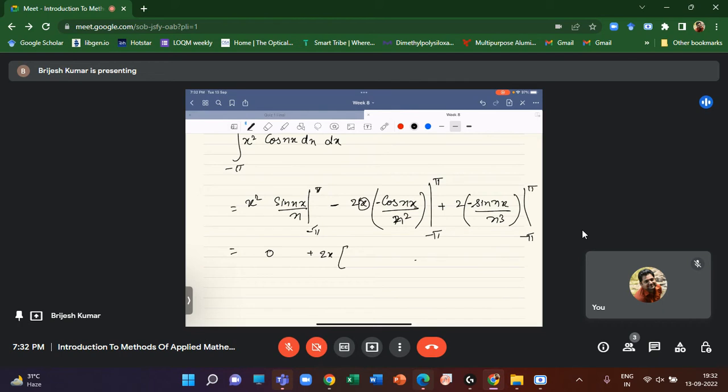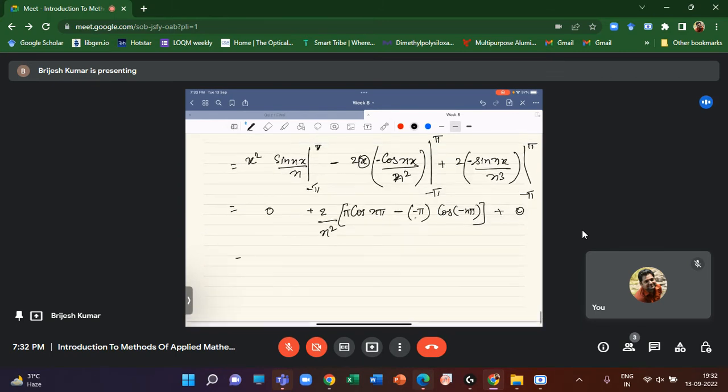So first we will put cos n pi with x equal to pi, and then again we will put minus pi and cos minus n pi, upon n square, and this term will be zero, sin n pi and sin minus n pi. So this will come 2 upon n square.